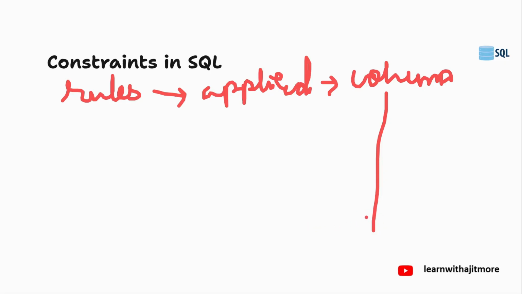Any value which does not satisfy that rule cannot be stored. MySQL will reject it, it will bounce that value. That value will never get saved in the database or in that column if it doesn't satisfy the rule.